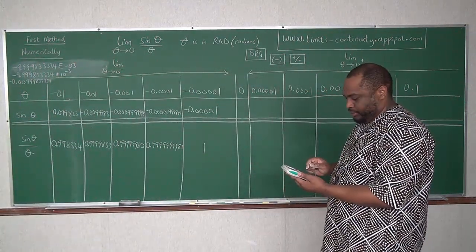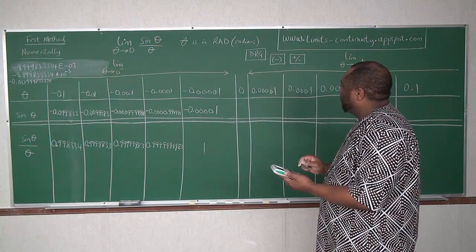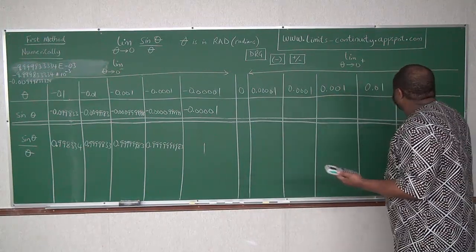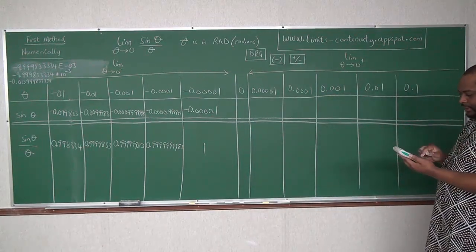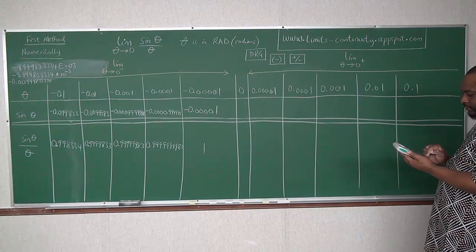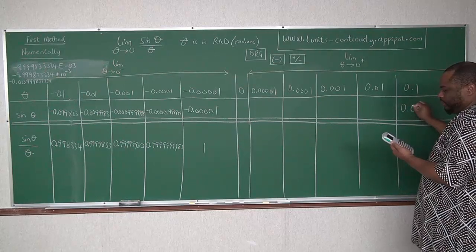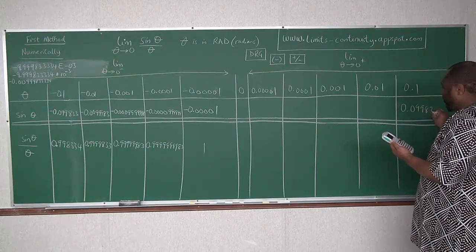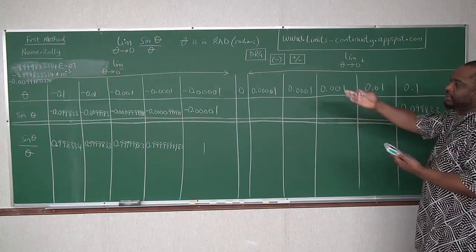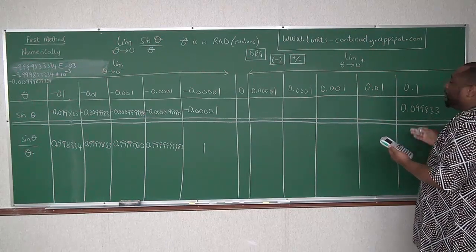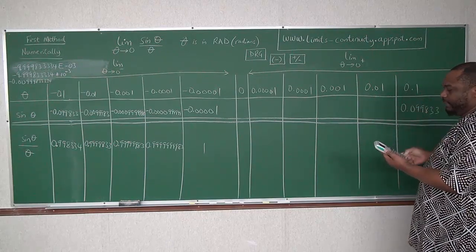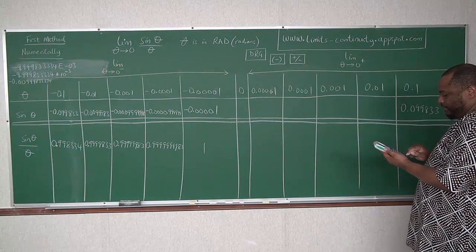If we start from the right here, sine of 0.1 gives me 0.099833, the same as this, just the difference in signs, divided by 0.1.